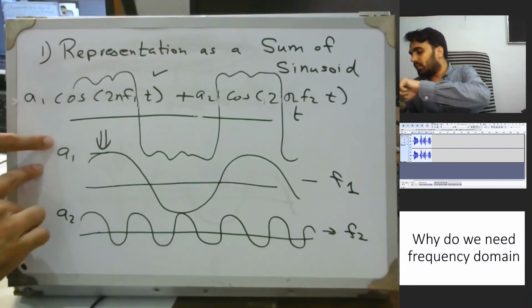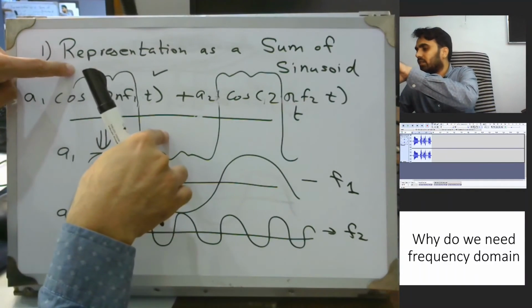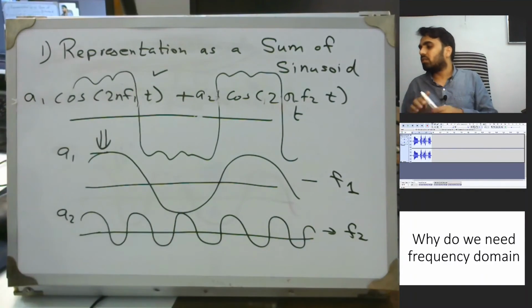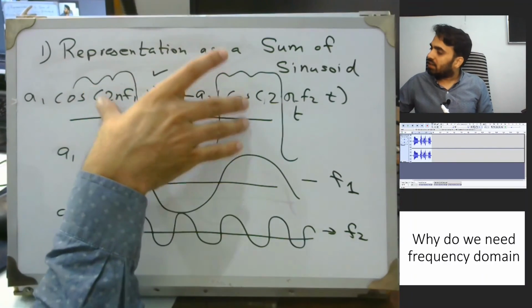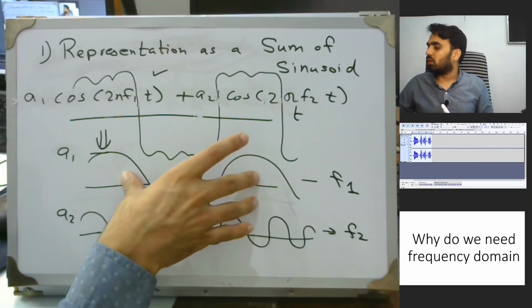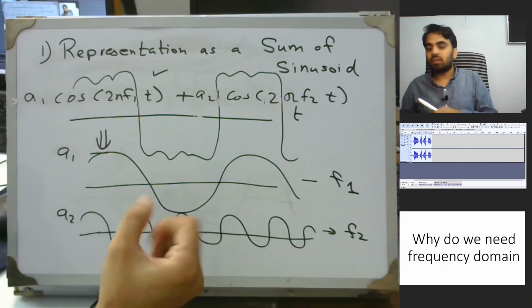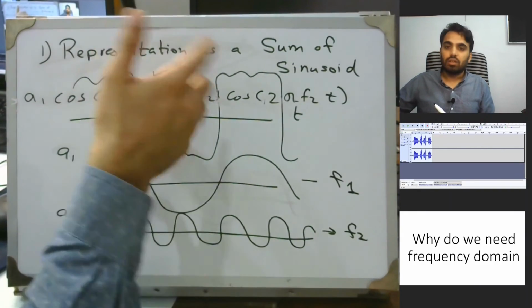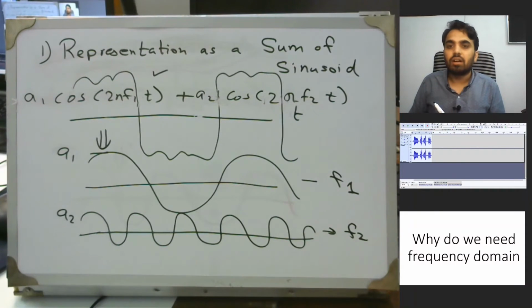If you add this signal with this signal, eventually you would get this signal. By this we mean that if you have a periodic signal, we can break that signal into simple sinusoids, and if you add them together, you would come back to this signal. This is the concept of Fourier series, and we would look more into it as we proceed further in this course.